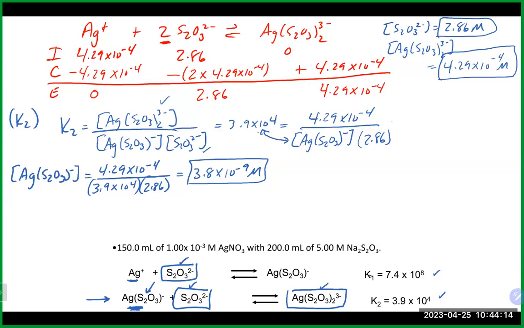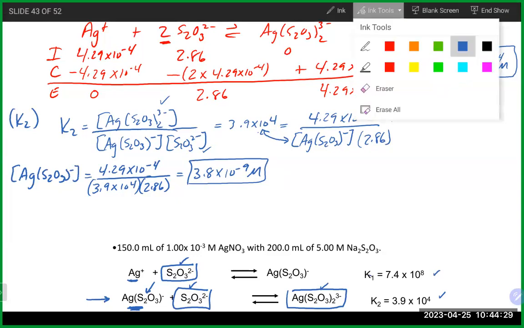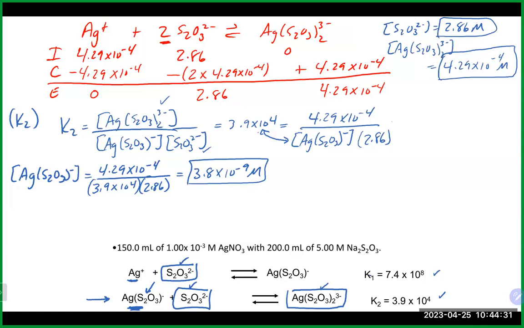Other questions? Now that I used K2, and I now have that intermediate concentration, I can go to the first reaction and use it to find my silver concentration, because based on the calculation we just did, I now have this guy and I still have this guy, which will allow me to get to the silver concentration.